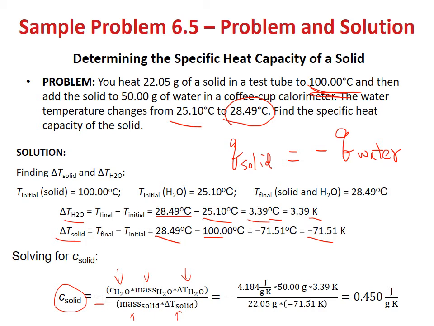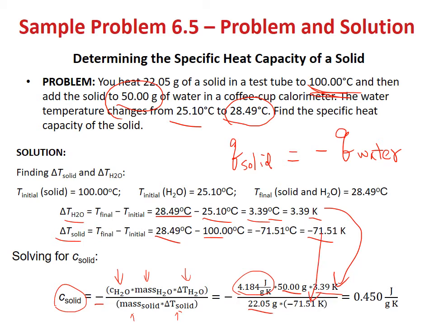The heat capacity of water is 4.184 joule per gram per Kelvin, and the mass is 50 grams as in the question, and the temperature change is 3.39. The solid mass is 22.05 gram, and the temperature change is negative 71.51.